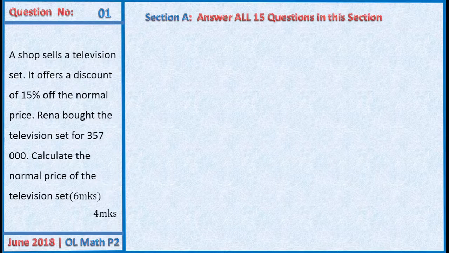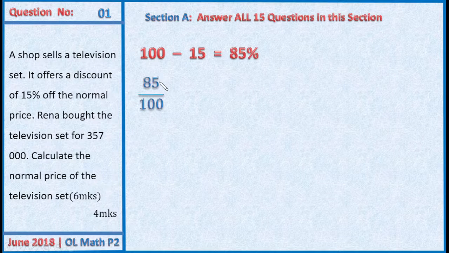The first question reads: a shop sells a TV set offering a discount of 15% off the normal price. Reina bought the television set for 357,000. Calculate the normal price of the television set. So this question involves a discount, and since this television set is sold at a discount of 15%, it means that Reina will only pay 85%.